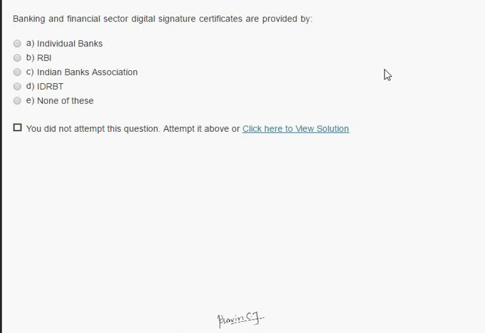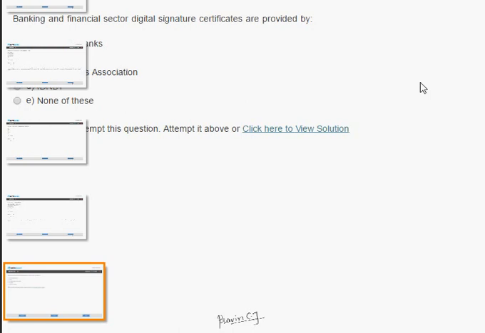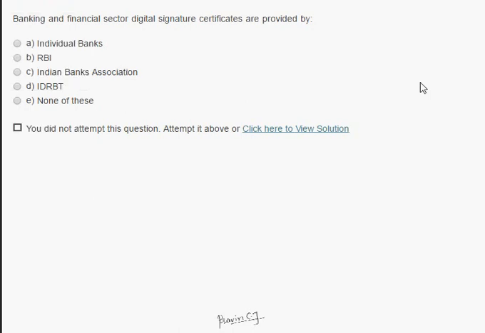Maybe. If a question like this comes in the IBPS SO exam, there can be a question on digital signature itself, which comes under the security part in networking. We also need to understand how a digital signature works.